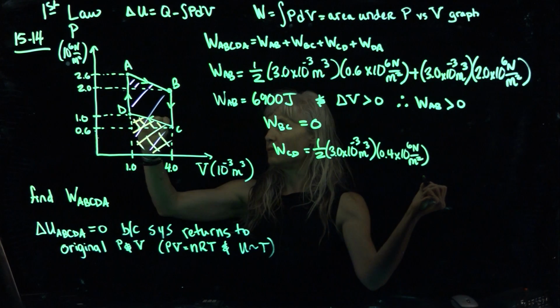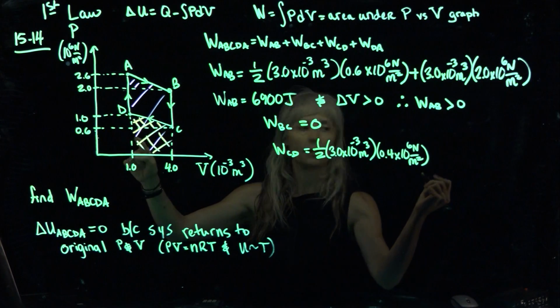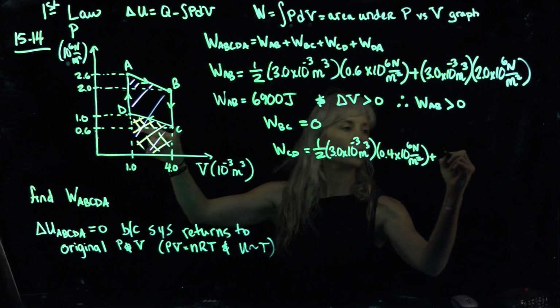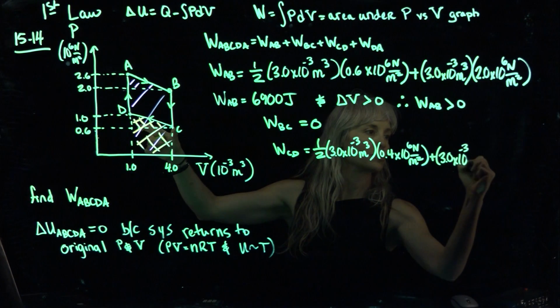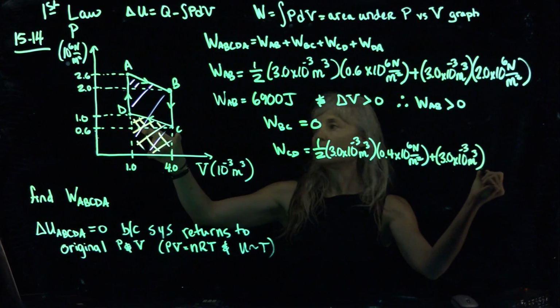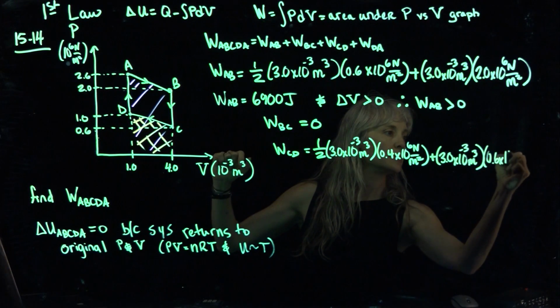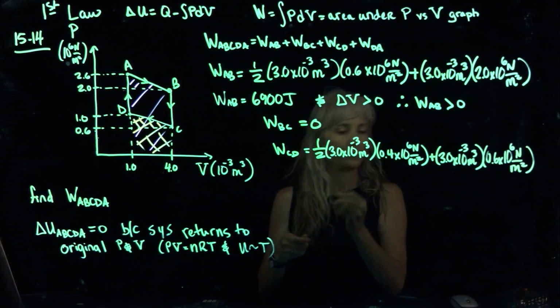So that's the area of this little triangle, and now we need the area of this rectangle below it to get the full area. So this is going to be plus, we want the width times the height. The width is our 3.0 times 10 to the minus 3 cubic meters times the height, and the height is 0.6 times 10 to the 6th newtons per meter squared.